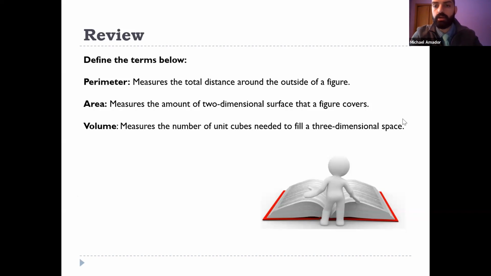Let's go ahead and remind ourselves of the formula for the area of a rectangle. I'm looking for hands up.